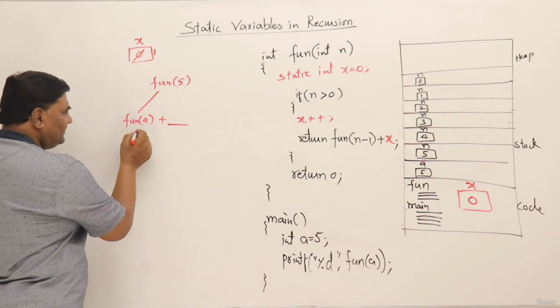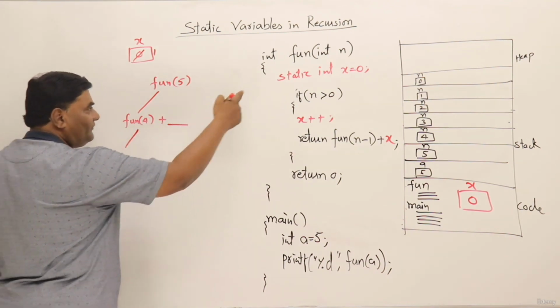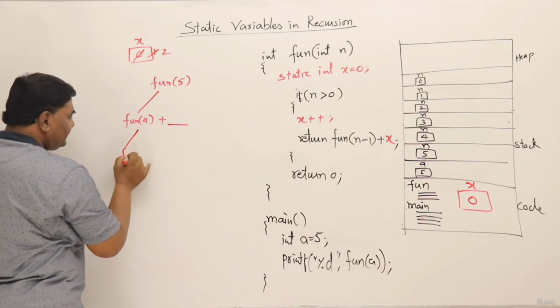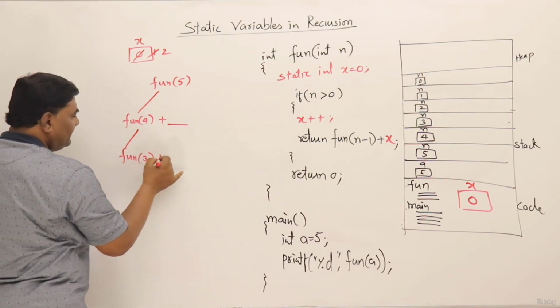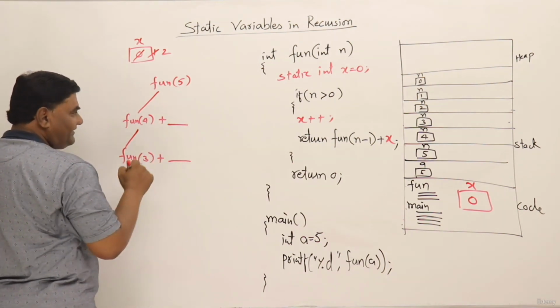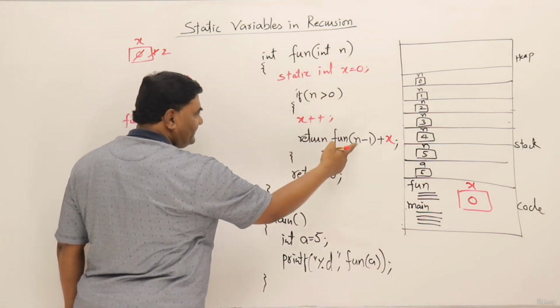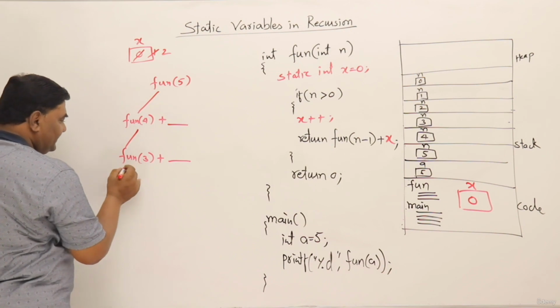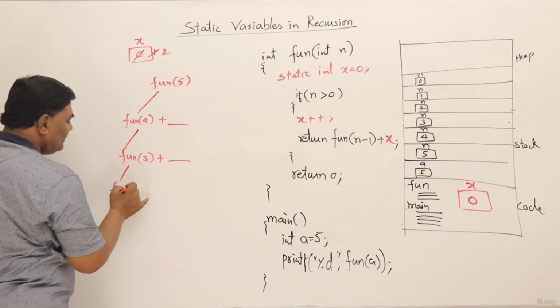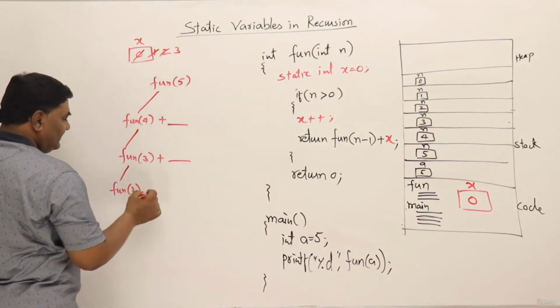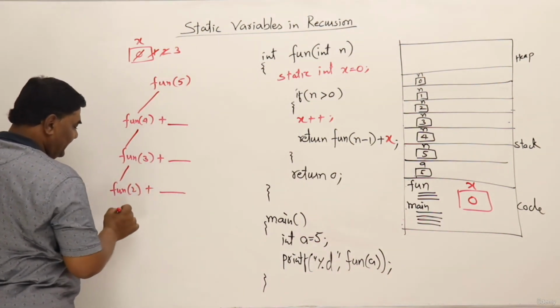Continue for this call. Again 4 is greater than 0, x plus plus, so this x becomes 2. Call fun of 3, plus x should be added at returning time. Then greater than 0, x plus plus, call itself, so 3. Call for 2, x plus plus, then plus this x should be added.